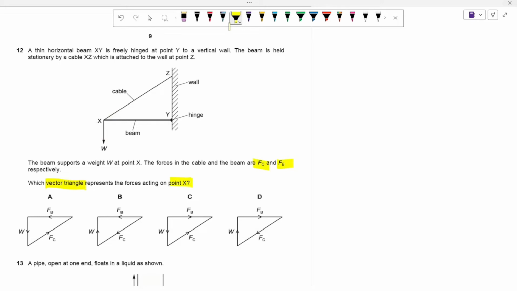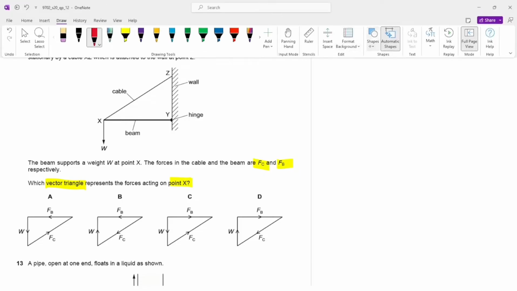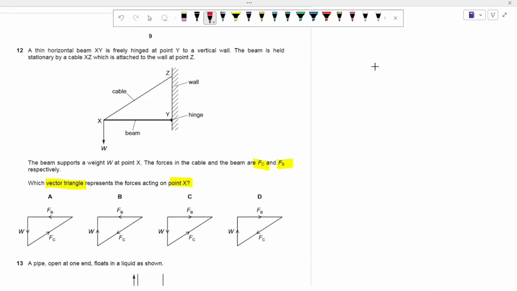So let's first start with the easy one. The one that is very easy for us to identify is the force that is acting down, like so. We're going to take this force and place it here. Basically this is our weight, which is acting down.